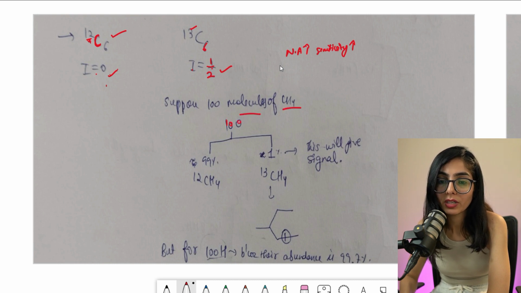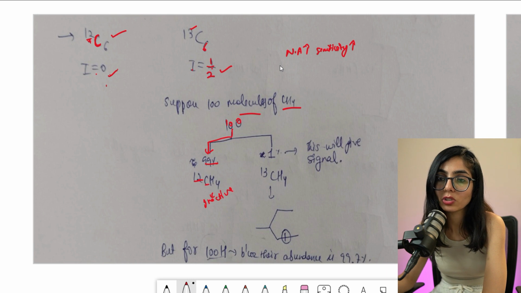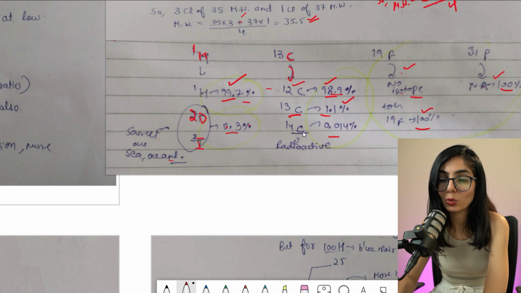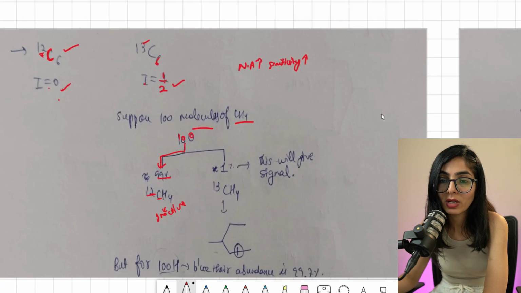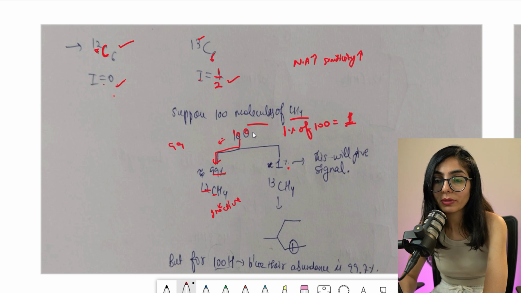Among 100, 99% would be 12CH4, and that would be inactive, because 12C is almost 99% abundant and 13C is only 1%. So that means 1% of 100 molecules will be active. So 1% of 100 molecules will be 1 only. So that would be 1, and 99% of 100, that would be 99, would be inactive, and only 1 will be active.